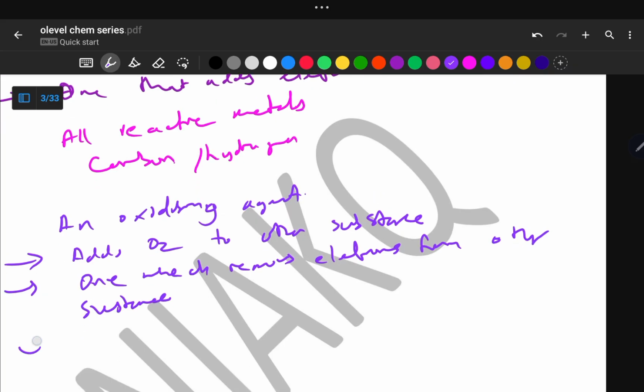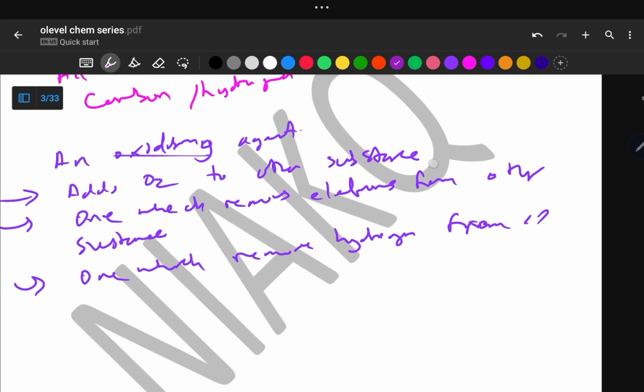And then we can also say one which removes hydrogen from other substances. So this is the definition for an oxidizing agent.